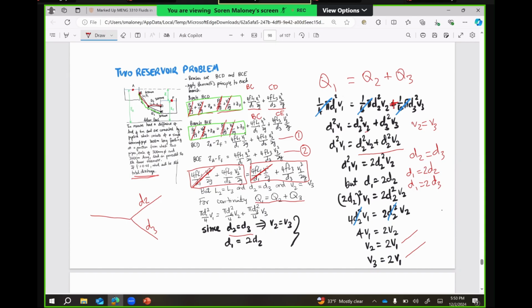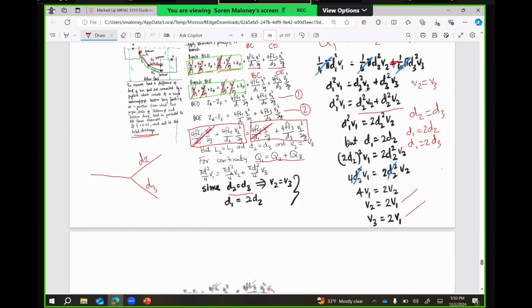Right? Because remember we said the diameter of the first pipe split equally. And this is vital information now that will help us to work towards our Q1, our total discharge, right? We can work towards that total discharge.